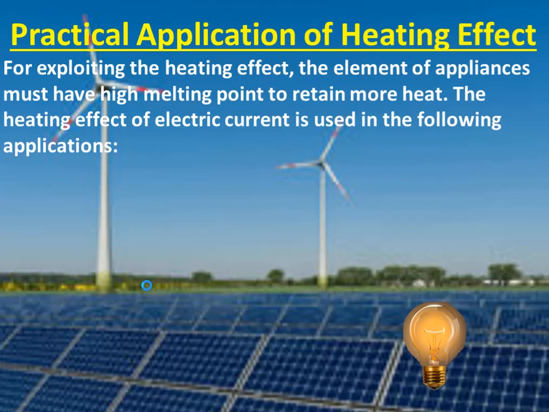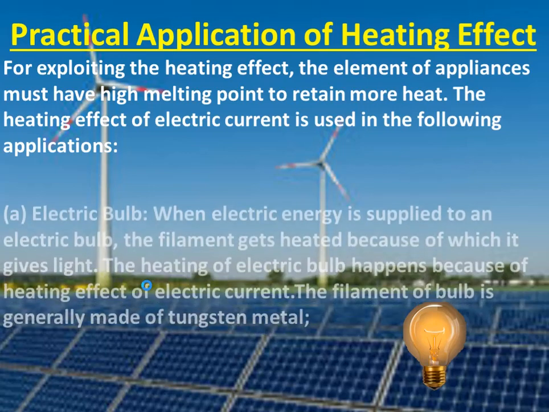However, heating effect of electric current has many useful applications. The electric laundry iron, electric toaster, electric oven, electric kettle, and electric heater are some of the familiar devices based on Joule's heating. For exploiting the heating effect, the element of appliances must have a high melting point to retain more heat. The heating effect of electric current is used in the following applications.